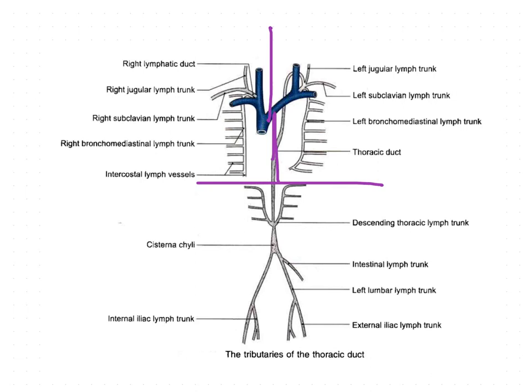And the remaining part, that is the right part of the head and neck, the right part of the thorax, and the right upper extremity, are going to drain into the right lymphatic duct. So the maximum amount of lymph is drained by this thoracic duct.